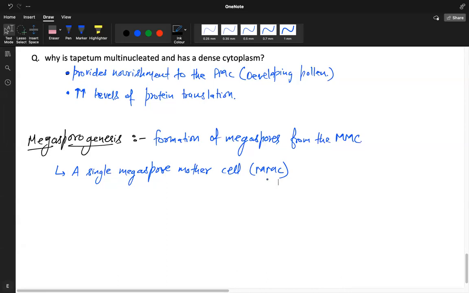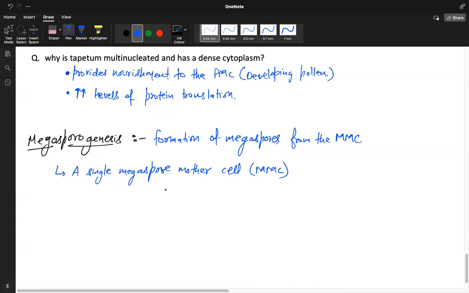And the characteristic of meiosis is that it gives rise to 4 haploid daughter cells, but the female part of the plant does not need all 4. So it develops one megaspore into a functional megaspore, while the other 3 degenerate.